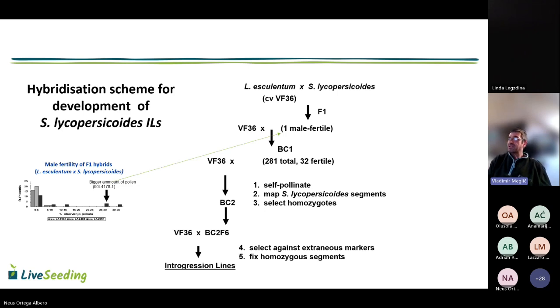And that population was then used for the backcrossing into the fresh tomato background. Fortunately, from that one male fertile, the whole story started, and with a series of backcrosses and selfings, those introgression lines were developed.